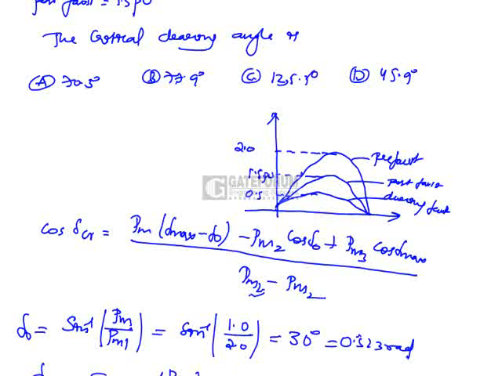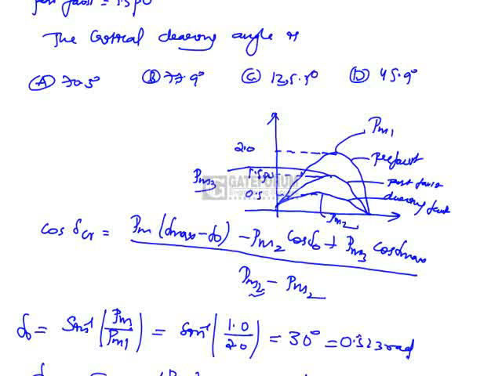This is PM1, during fault is PM2, after fault is PM3. So this is sine inverse of 1 by 1.5, and you will get around 2.41 radians.